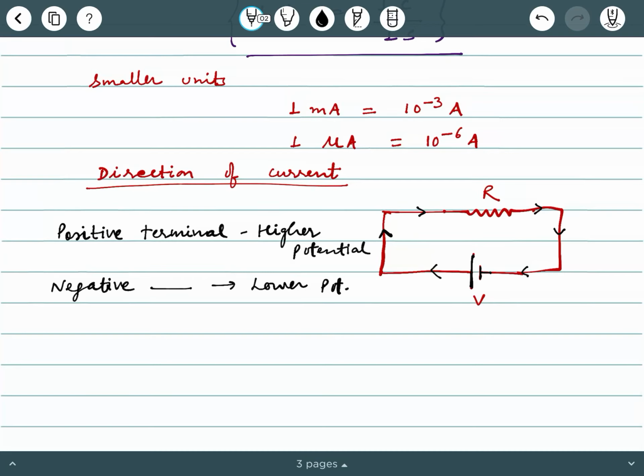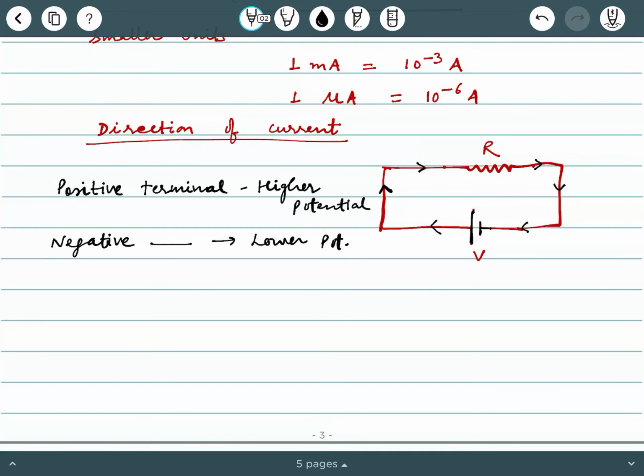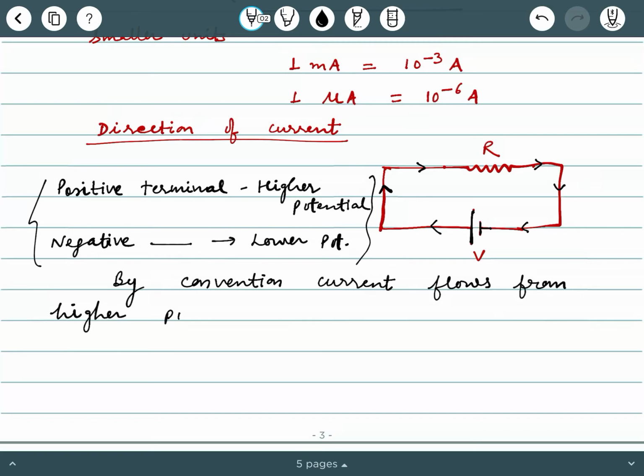Lower potential, okay. Fine. So by the convention, the direction of positive charges is taken as the direction of current. So this is conventional. By convention, current flows from higher potential to lower potential.